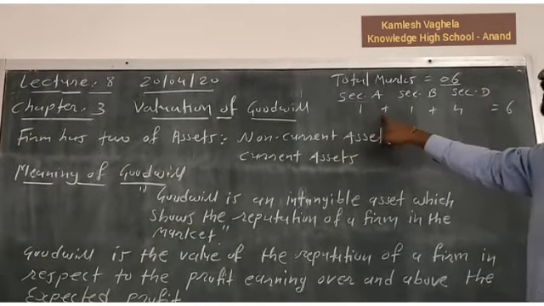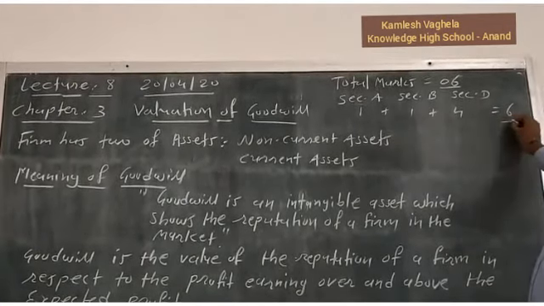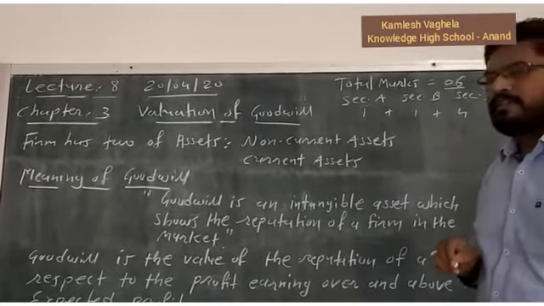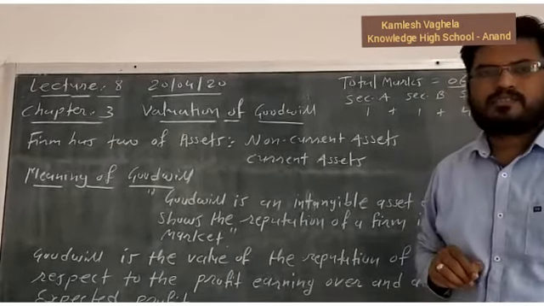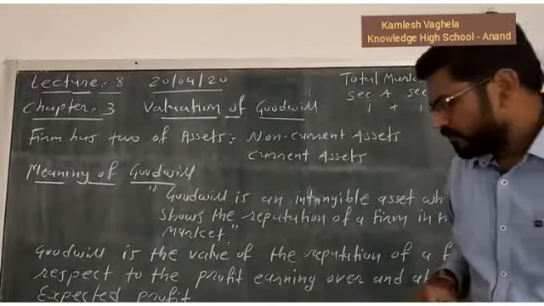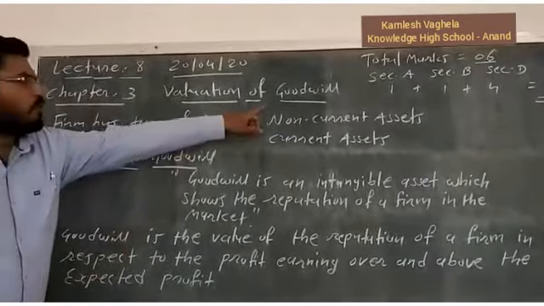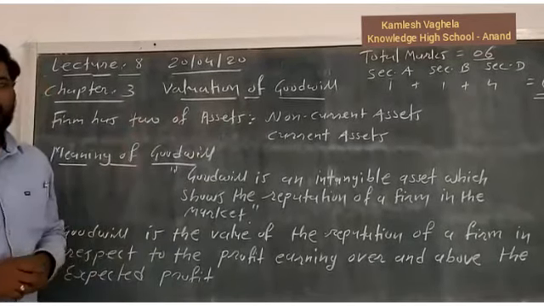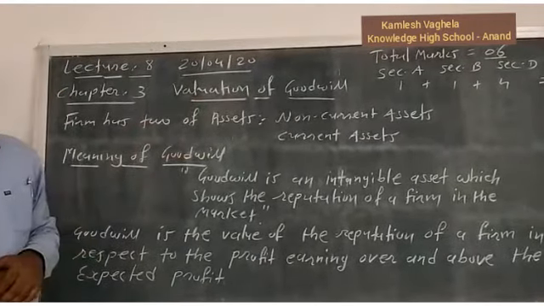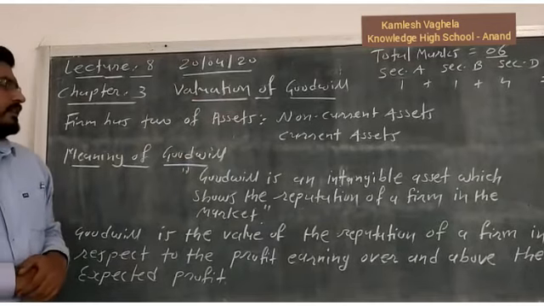So total 1 plus 1 plus 4, that is 6. So from this chapter they will ask 6 marks of questions. First we understand the meaning of goodwill and how to calculate the value of goodwill in this chapter.